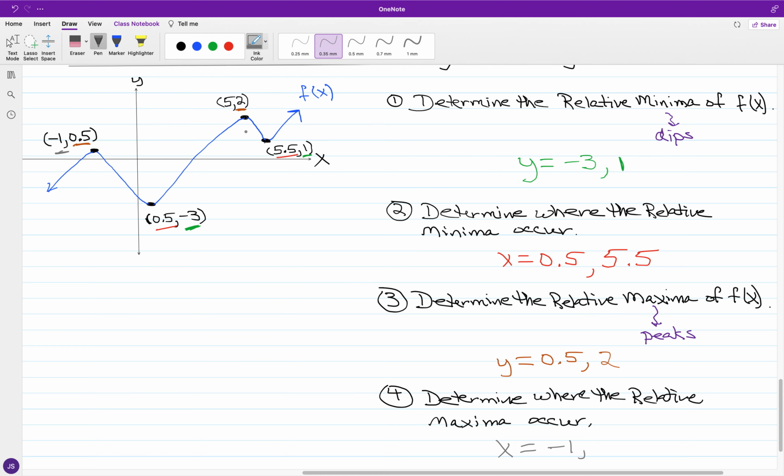And where y equals 2 is the other relative maximum, we have the x value of 5.